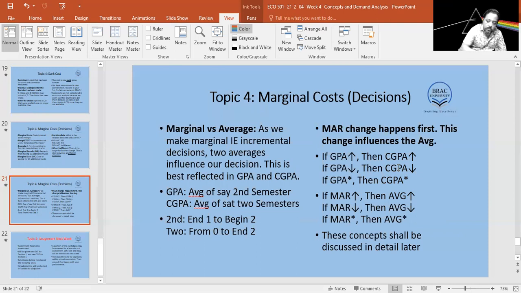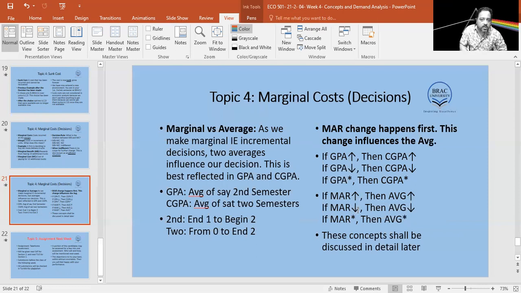Now, GPA and CGPA is not what we're discussing. We're discussing marginal. So marginal change is the change that happens first. Whatever your performance is in that particular semester, GPA, that performance influences your performance in the average. That means the CGPA. So if marginal is increasing, then average will also be increasing.